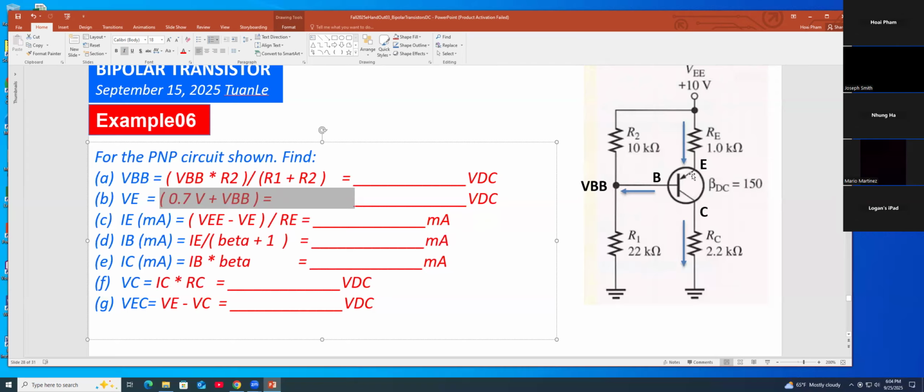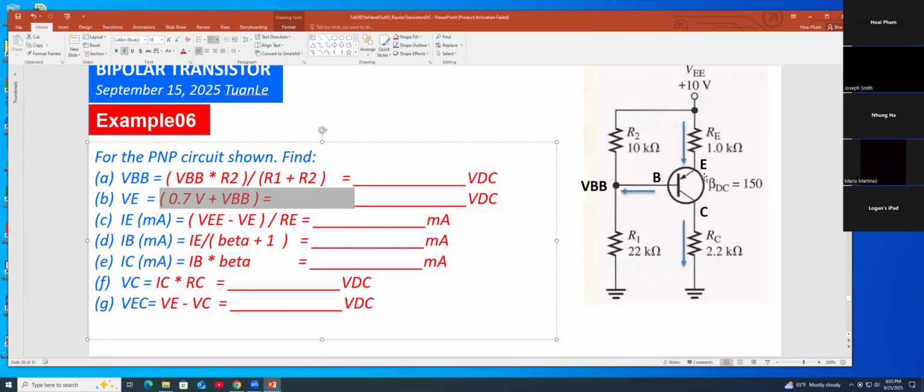The current flows to the emitter between VEE and VE. So you take VEE minus VE divided by RE.